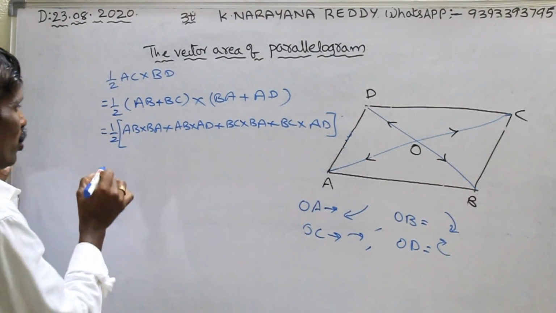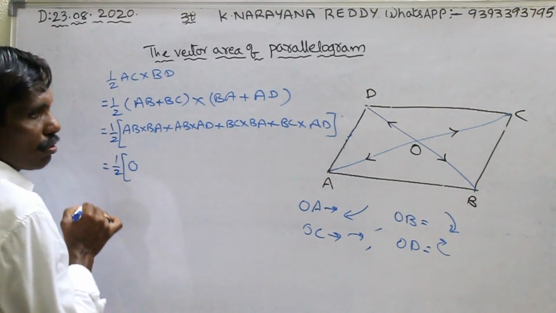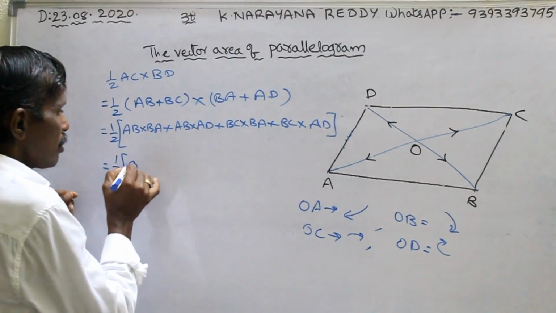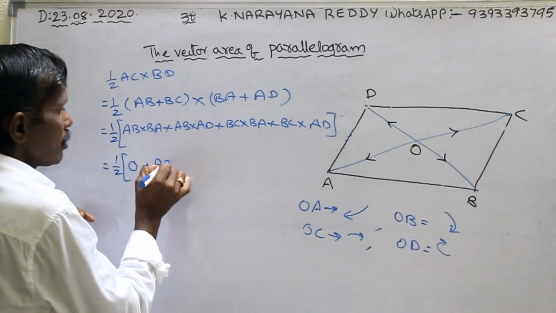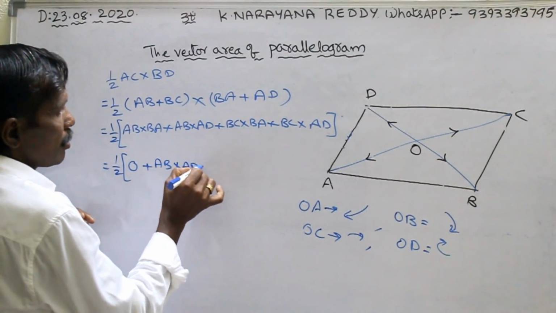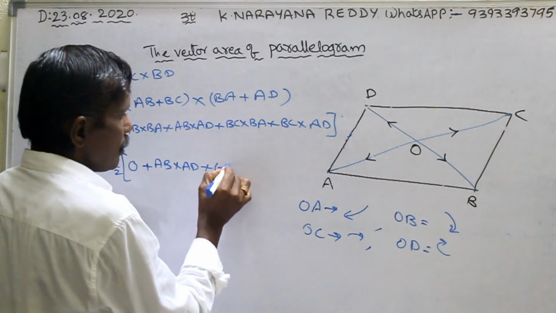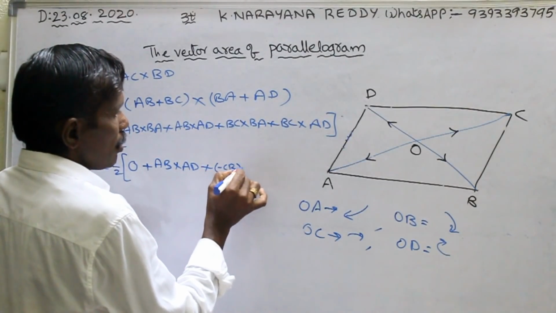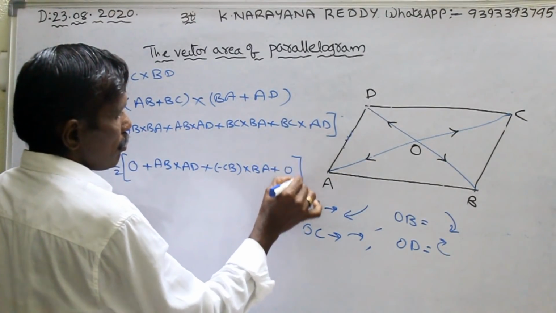Now this is 0. Why? Because I cross I equals 0. AB cross AD plus, minus CB cross BA, plus 0.